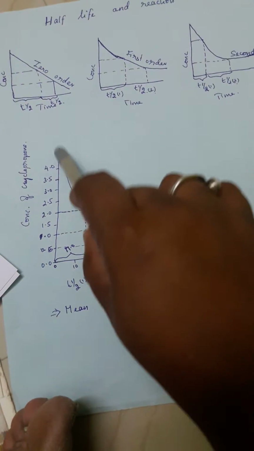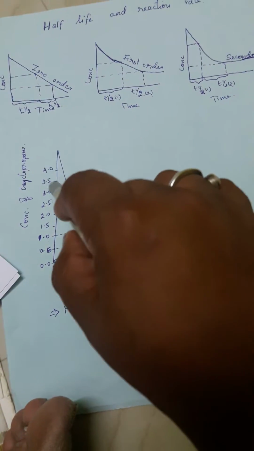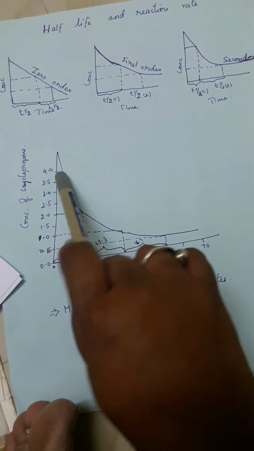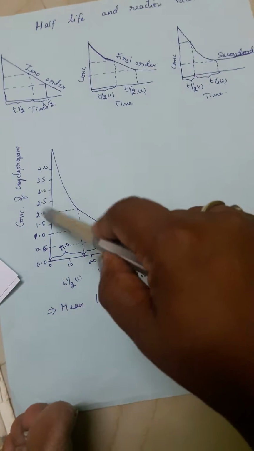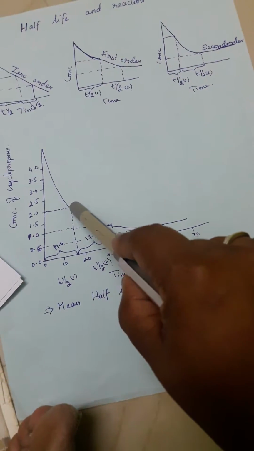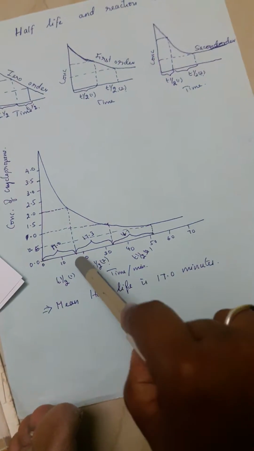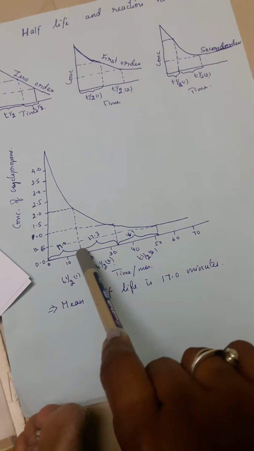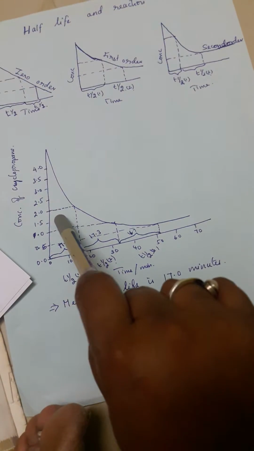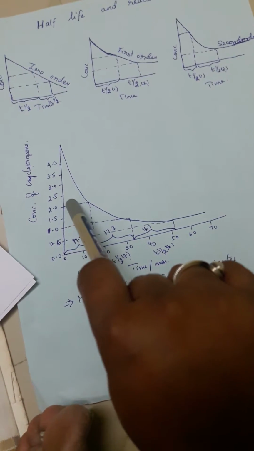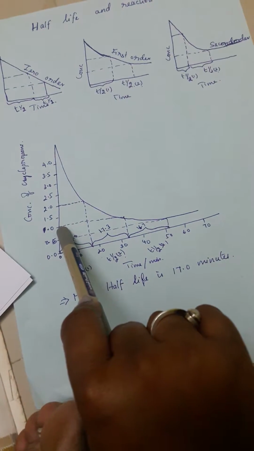But if the reaction starts from 4, the concentration here is 4 moles per decimeter cube, so from 4 to 2 is one half. So one half you are getting over here, and the time taken for that is 17 minutes. Then the second T half is 2 to 1, right?